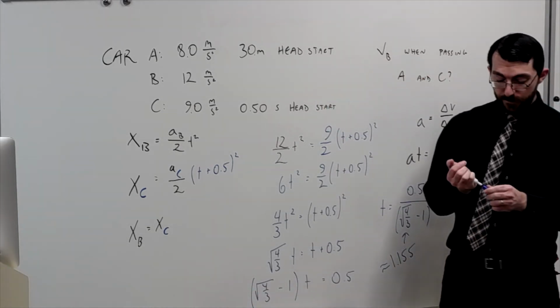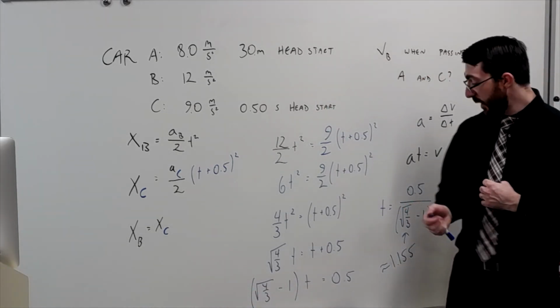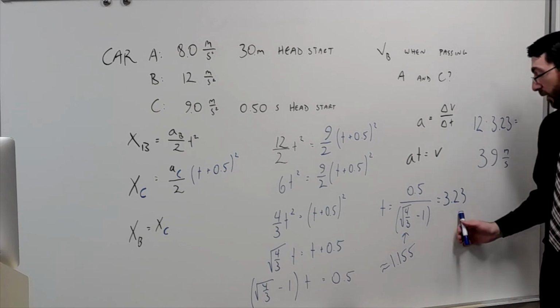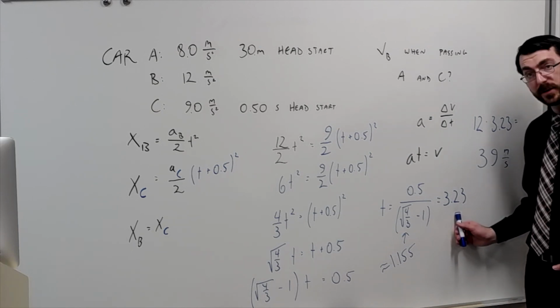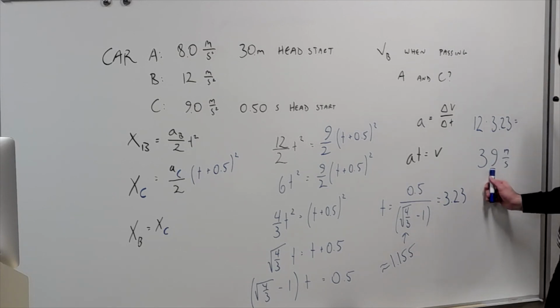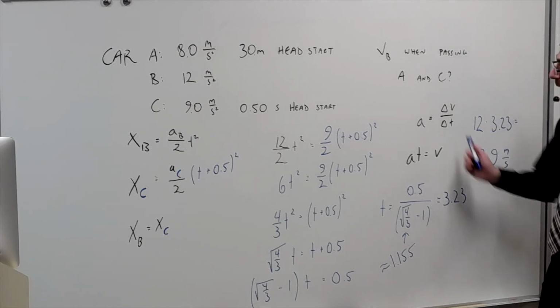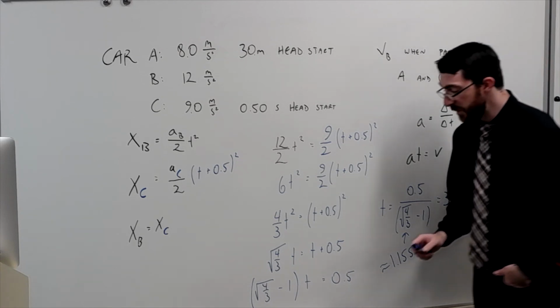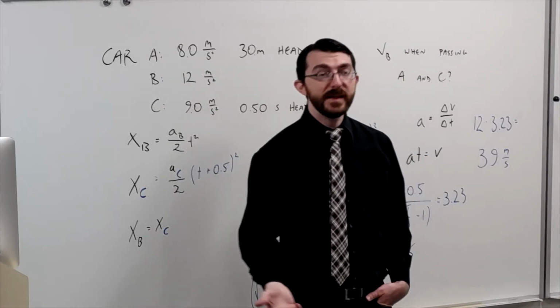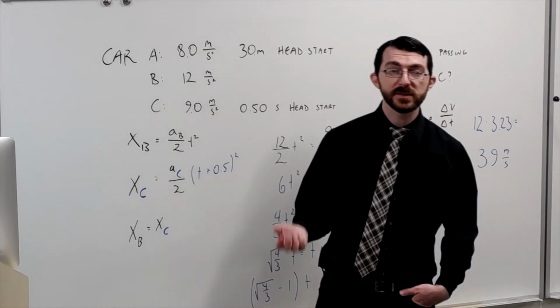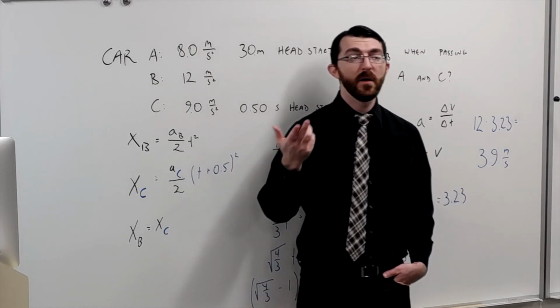So I think from this we can tell it must have passed car C first, and it did it at a slower speed. By the time it had passed car A, it had picked up some more speed. Anyway, that is the speed at which car B passed car A as well as car C.